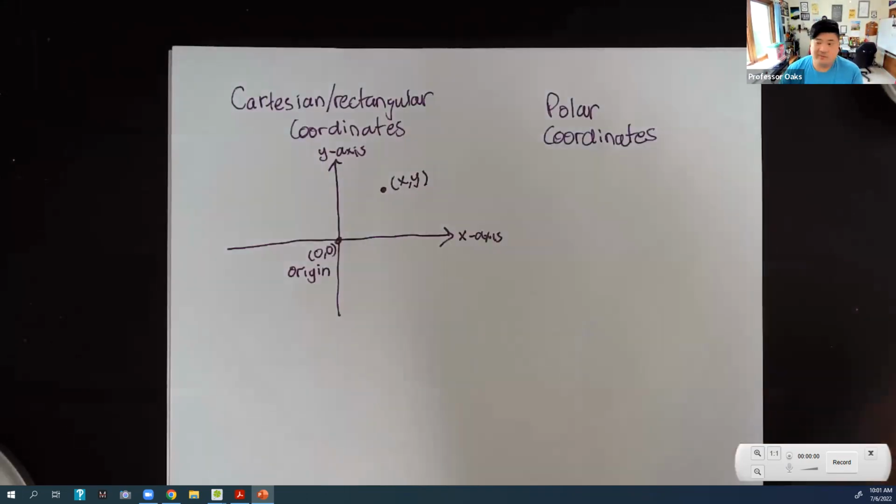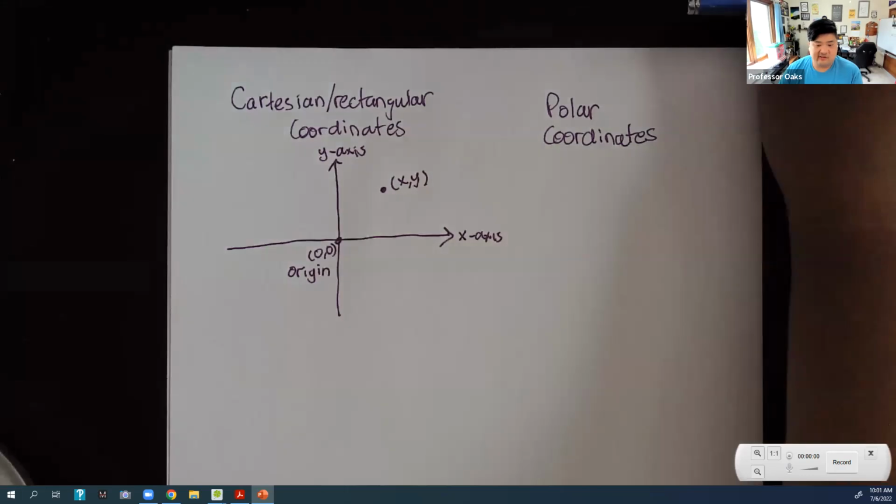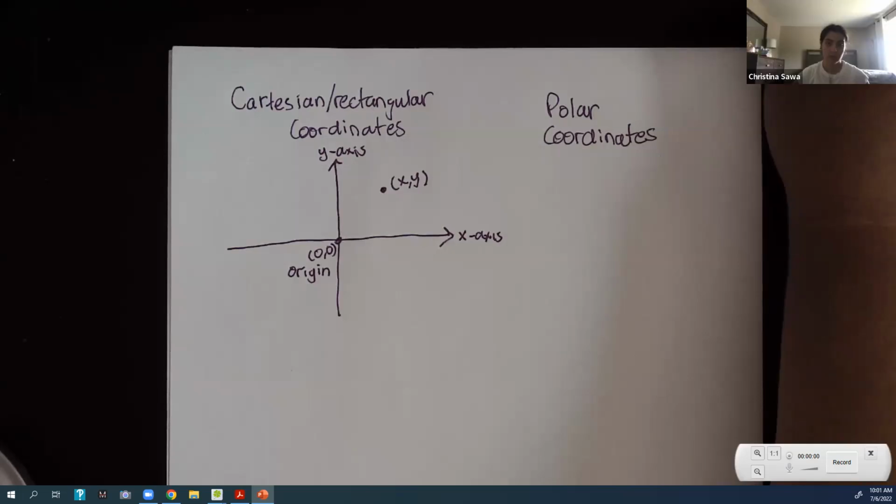So that's pretty much the system of coordinates that most people have used for most of their life, and that's perfectly okay.